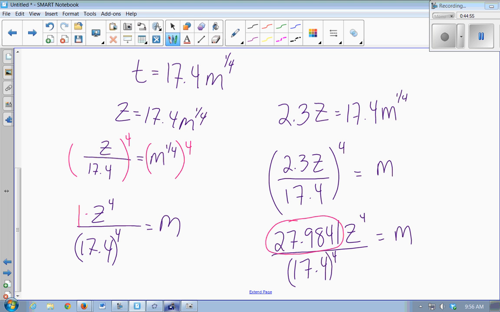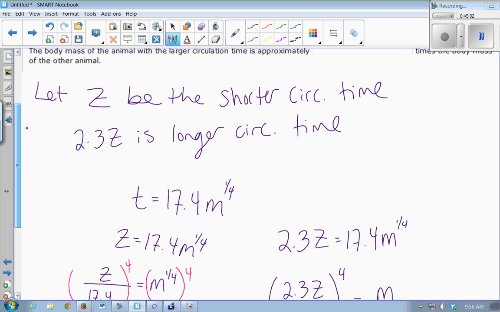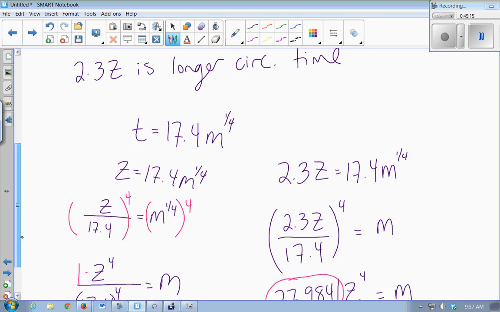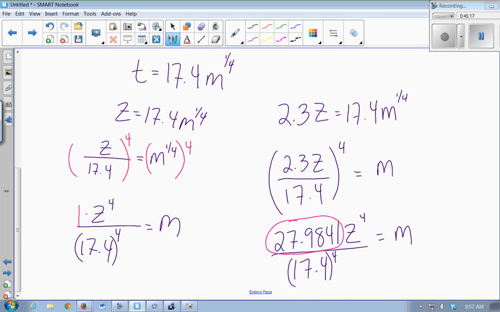And over here it's a 27.98. So it's bigger by a factor of 27.98. Is approximately 28 times the body mass of the other animal, if you round to the nearest whole number. That make sense? Good. I like that you guys nod at me.